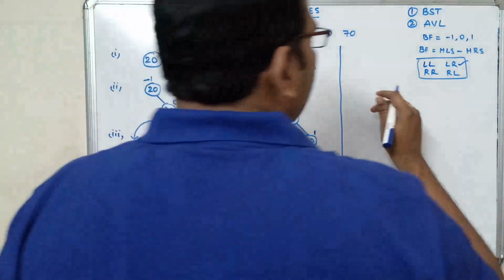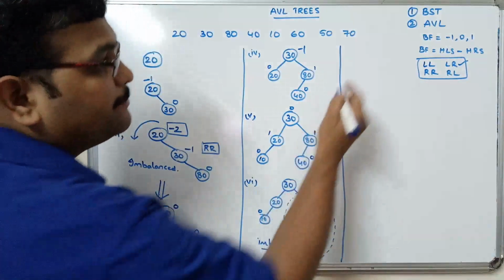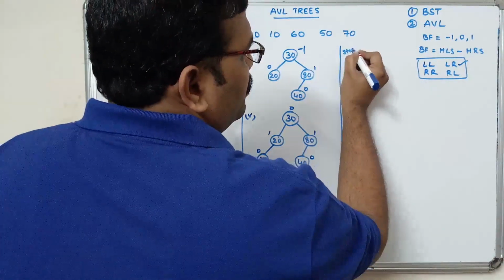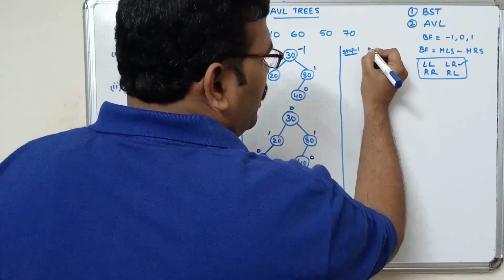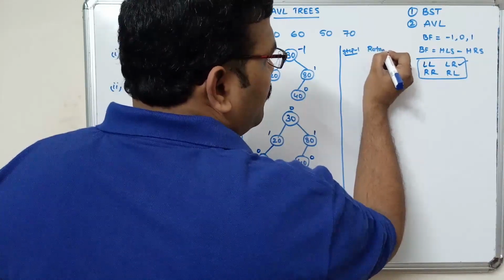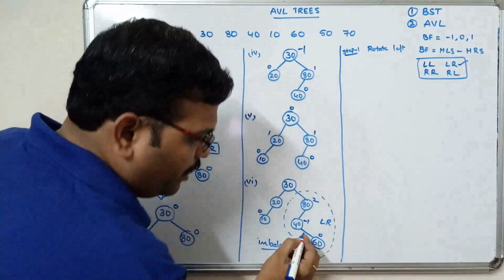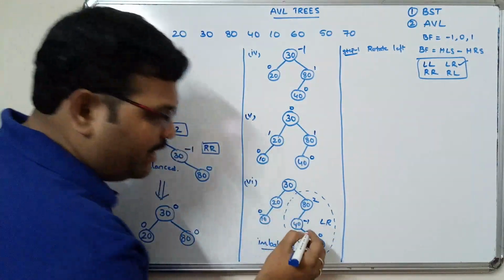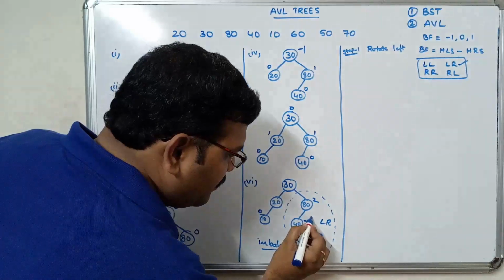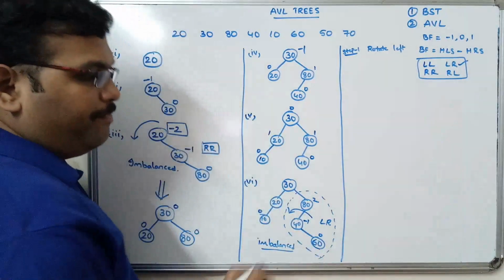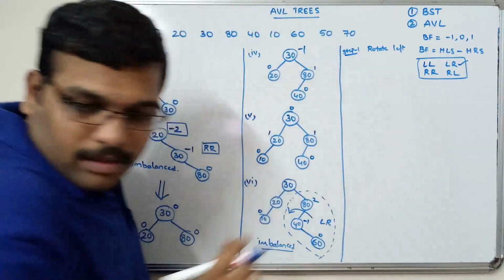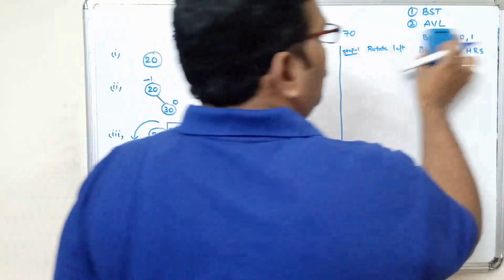So for the first step, step 1, we have to rotate left side. Left side means, see, this way. After applying this one, let us erase this one.